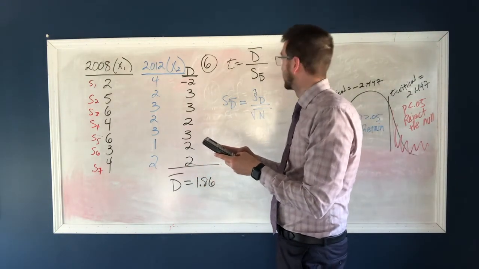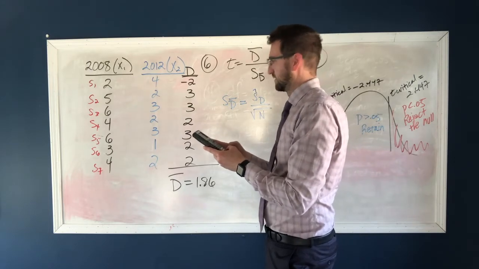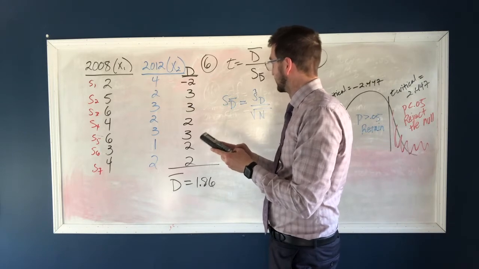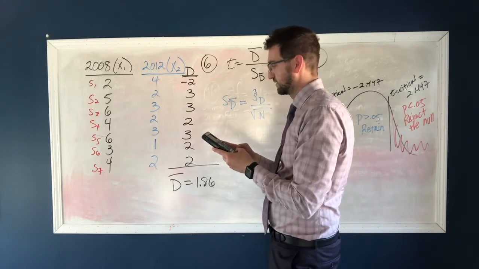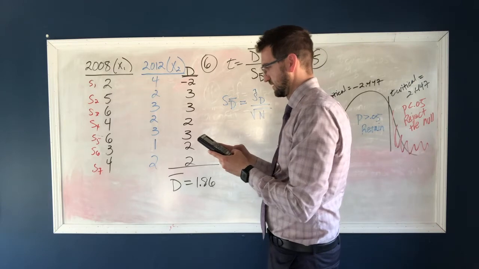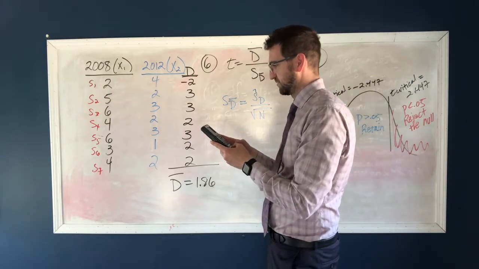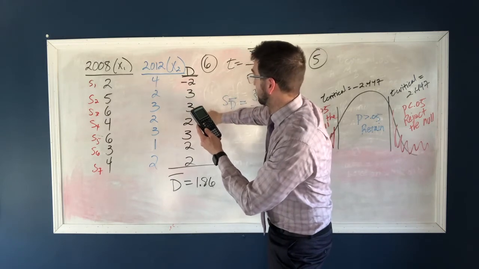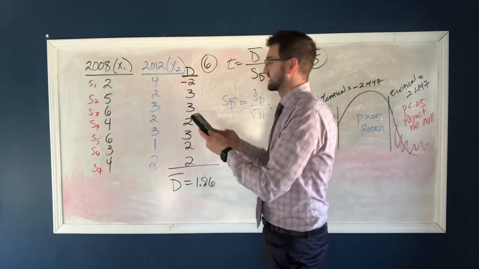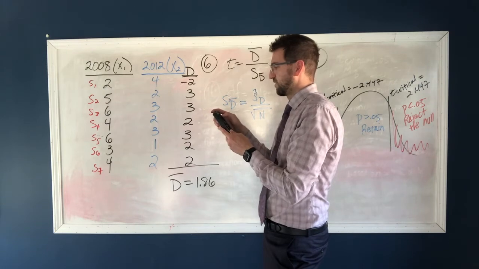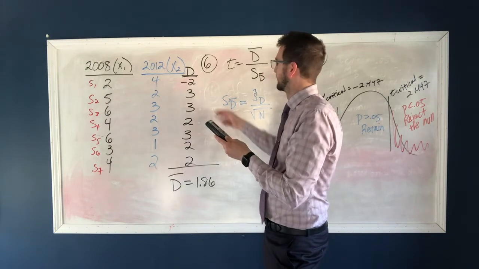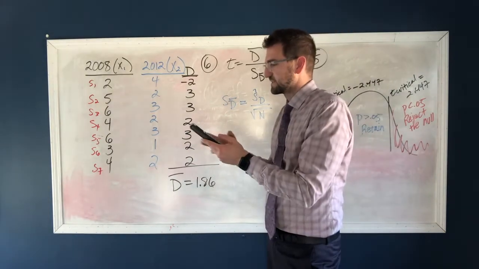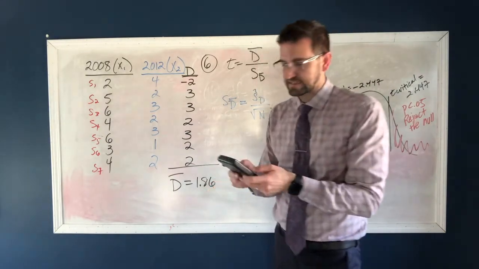Negative 2 plus 3 plus 3 plus 2 plus 3 plus 2, oops, I did it wrong, plus 2 plus 2. All right, so negative 2 plus 3 plus 3 plus 2 plus 3 plus 2 plus 2. 1, 2, 3, 4, 5, 6, 7. Okay, you add those all up, you get 13 divided by 7 to get the mean, and you get 1.86.